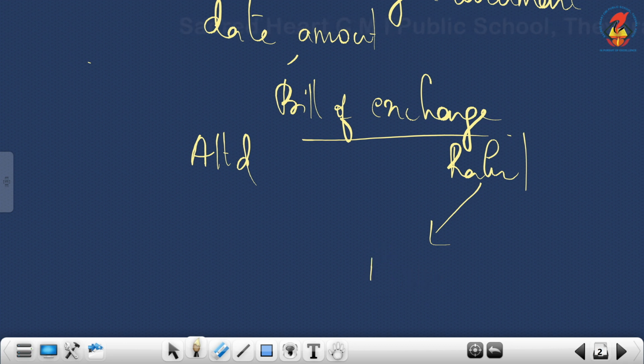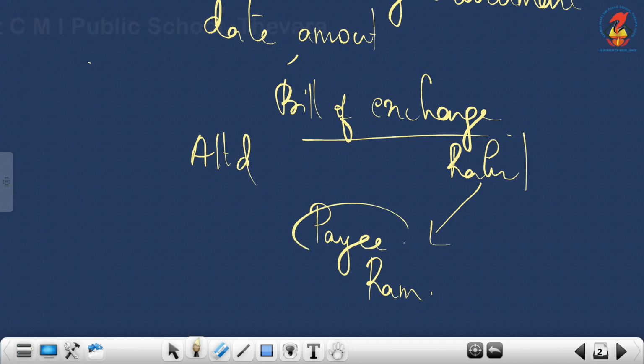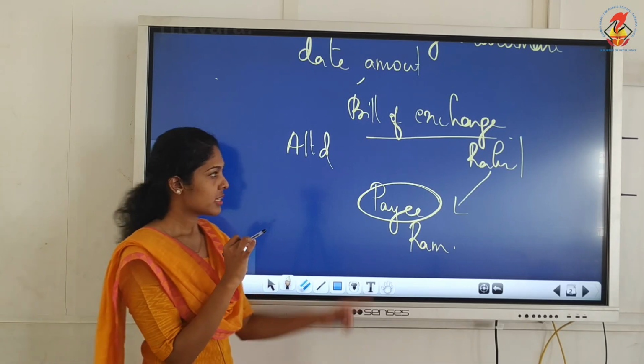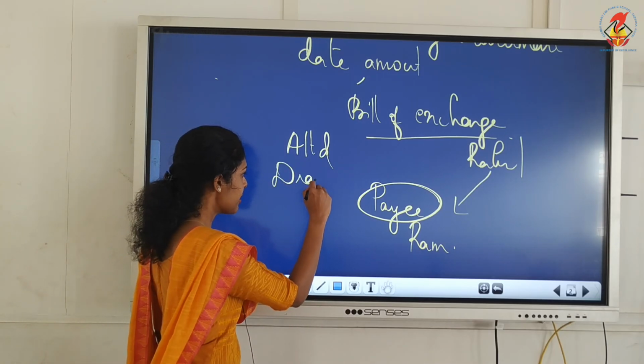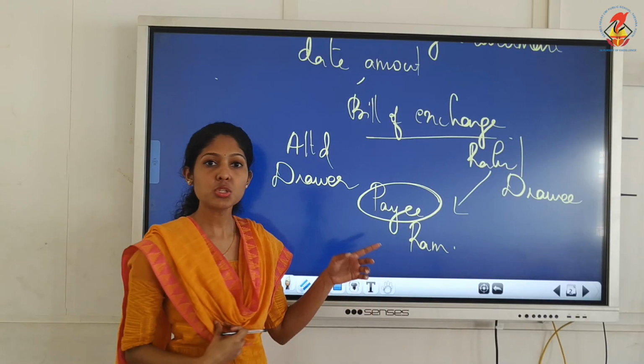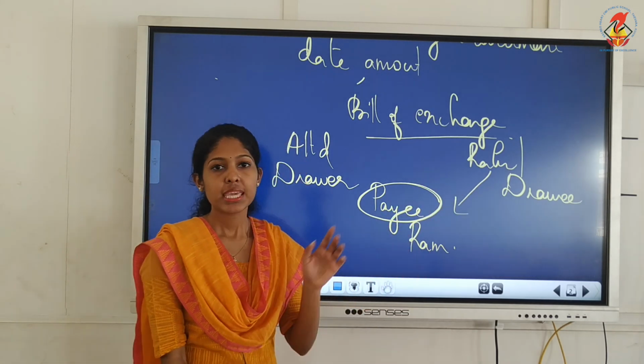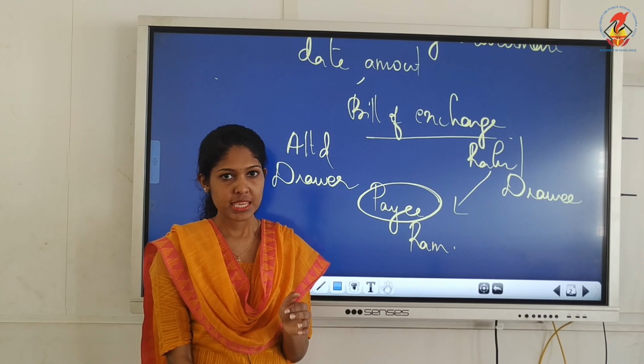Or we'll take the name of a person, that is Ram. Okay, Rahul should make the payment to Ram. In this example, Ram will be termed as payee. So A Limited is drawer, Rahul is drawee, and the person to whom Rahul should make the payment is Ram. He is termed as the payee.